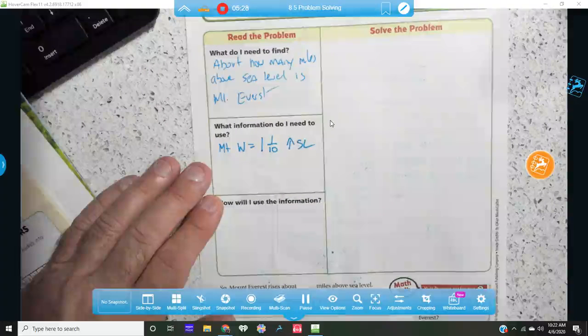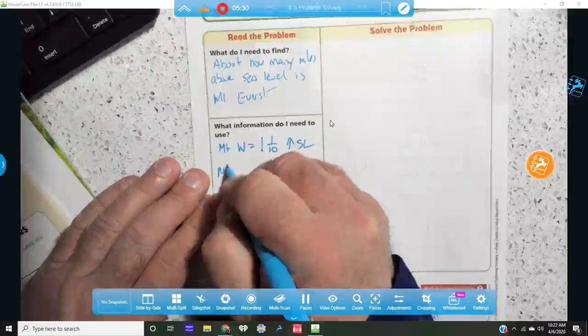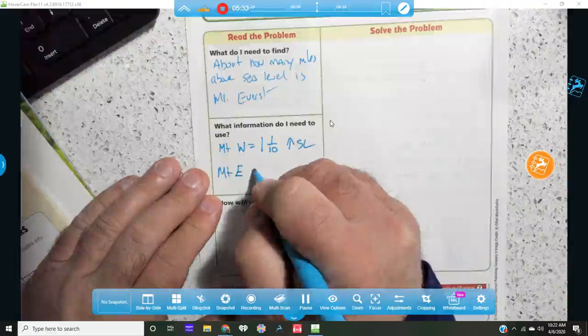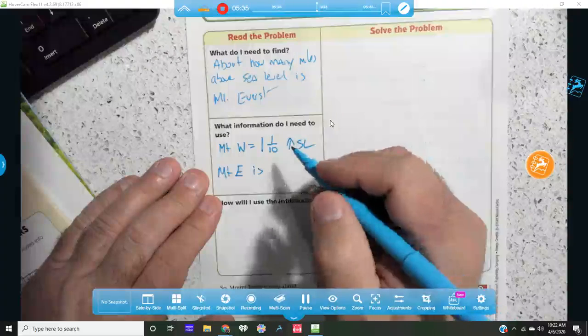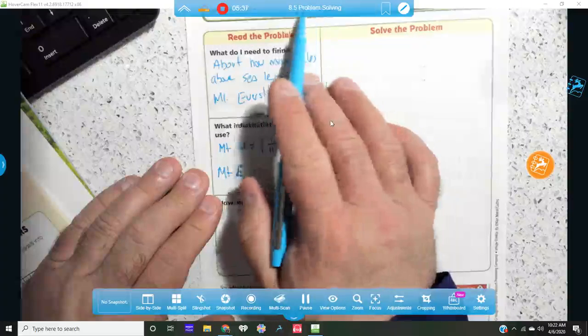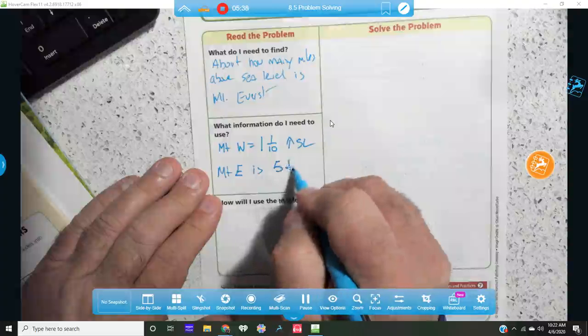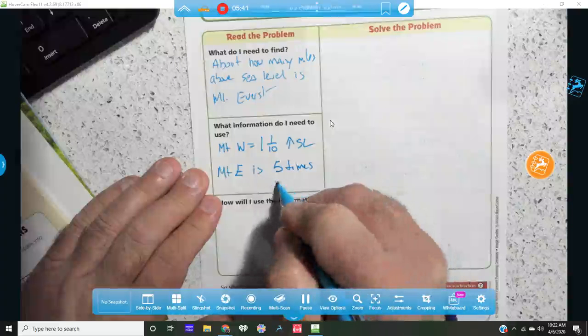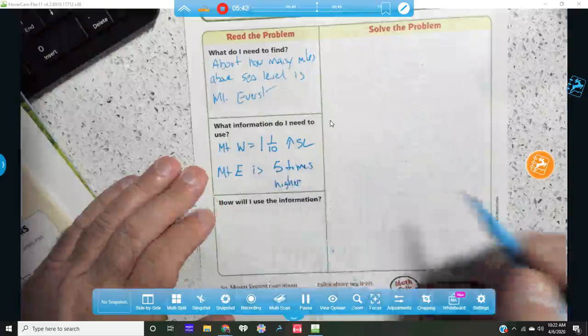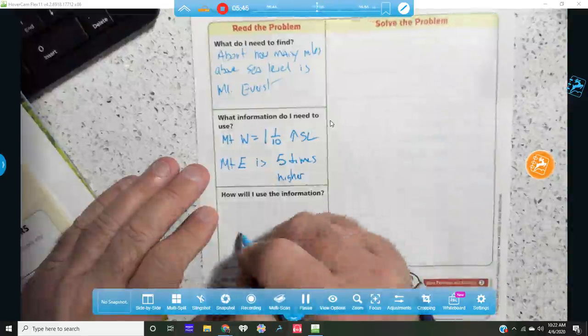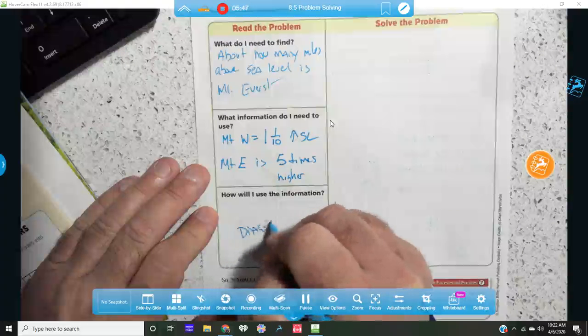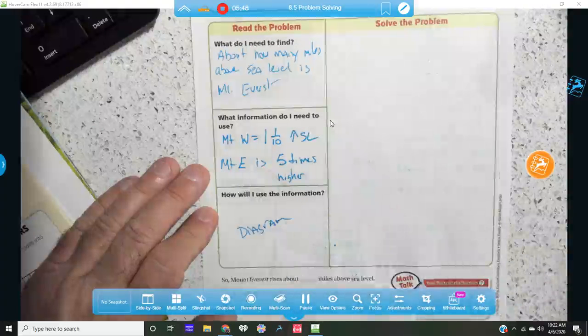Now we know that Mount Everest is 5 times higher. How will we use the information? Diagram. Okay, here we go.